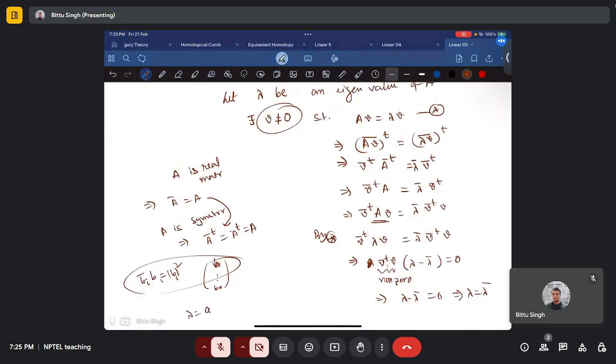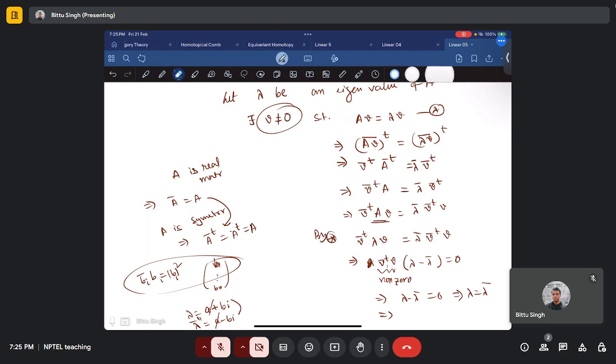Suppose lambda equal to some a plus bi, then lambda bar will take the form a minus bi. When those two are equal, a will cancel out, so bi is the same as minus bi. But if b is non-zero, then negative cannot be equal. Therefore, we must have b equal to 0.